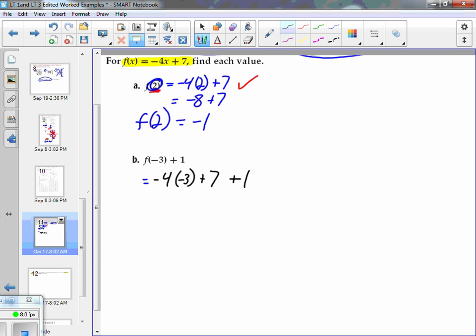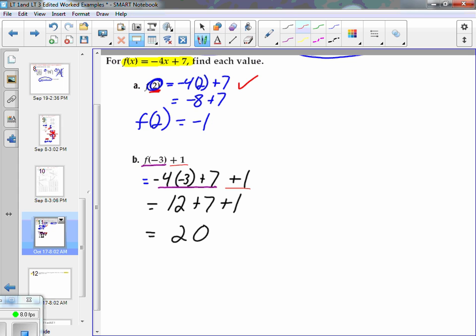Plus 1. Everybody with me? So f of negative 3 is this, and then the plus 1 is this. All right, so what do we get? Well, negative 4 times negative 3 is positive 12, plus 7, plus 1, so we should get about 20, shouldn't we? Any questions?